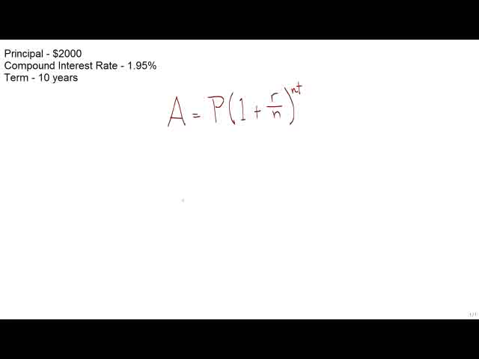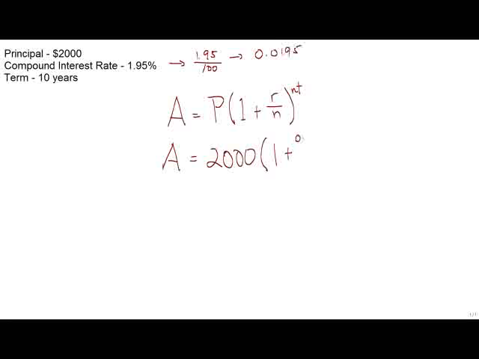So now it's just a matter of substituting some values into this formula. So we have our A equals P, which is our principal of $2,000, multiplied by 1 plus our rate. Now once again we have to turn our rate into a decimal by simply dividing by 100, and that's going to equal 0.0195.